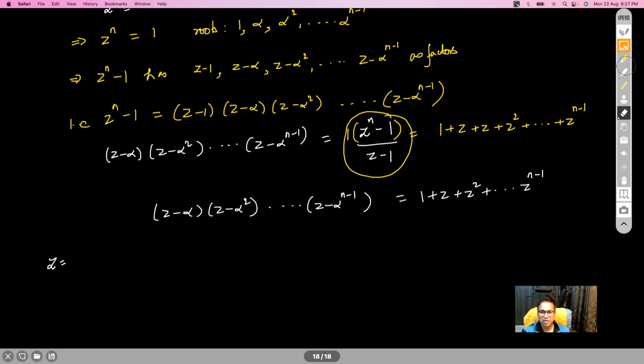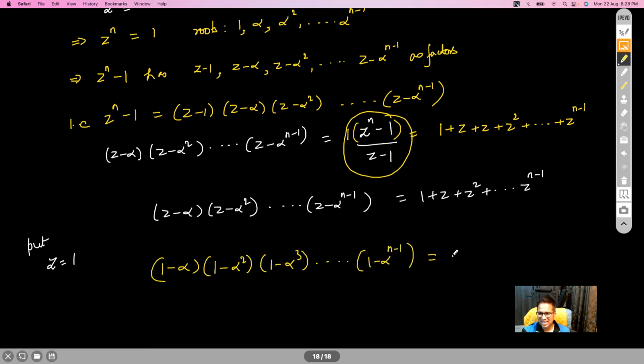Yeah. So what will you put z value as? 1. Correct? So if you put z value as 1, what will the left hand side become? 1 minus alpha, 1 minus alpha square, 1 minus alpha cube, and so on till 1 minus alpha to the power n minus 1. Right side will become 1 plus 1 plus 1. How many such ones will be there? N such ones will be there, right? So this will be your n. That's your right hand side, hence proved.